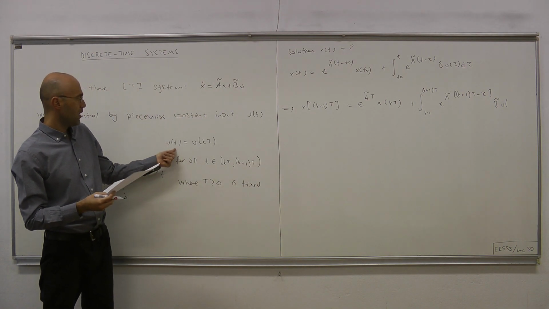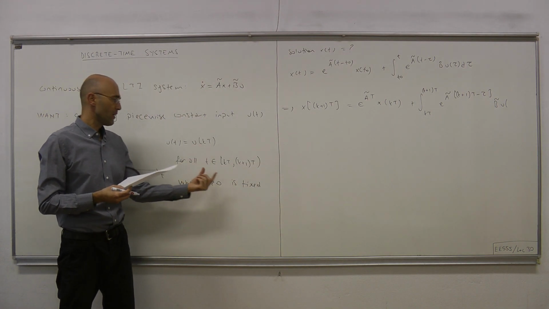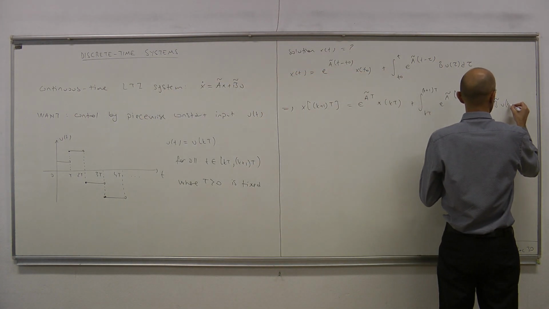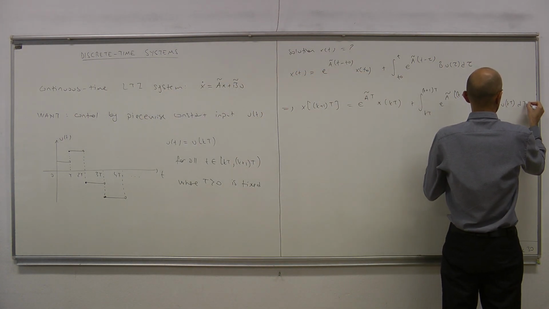But u of tau is fixed throughout this interval, so we simply write u of kT, then d tau.